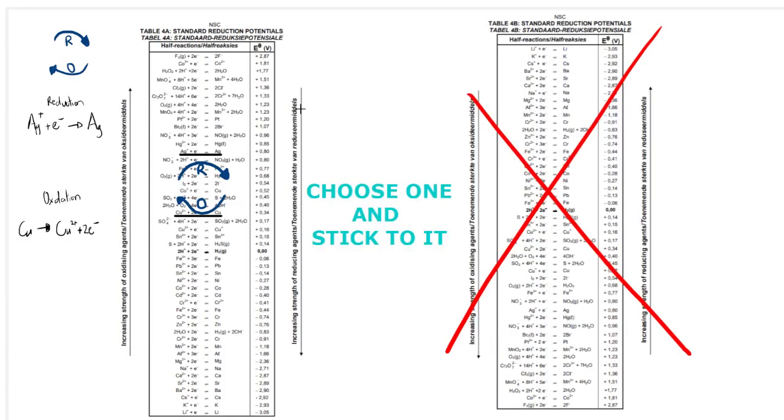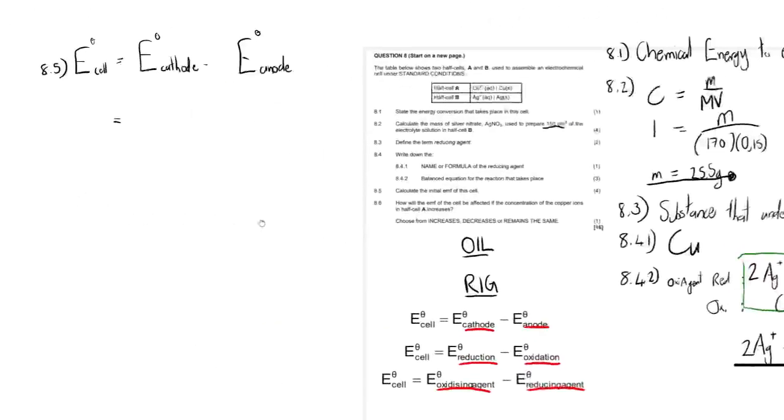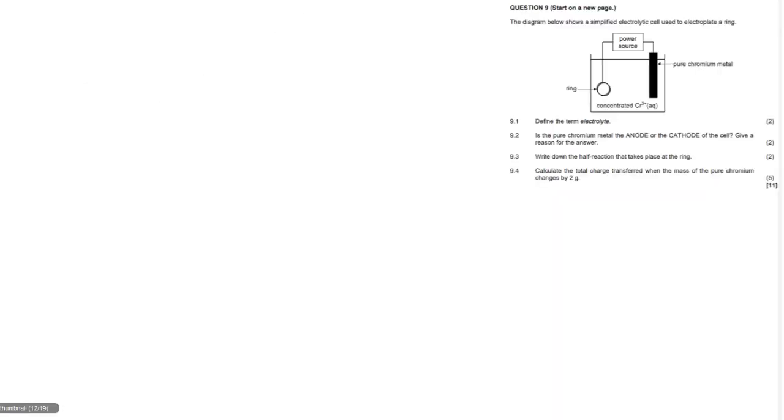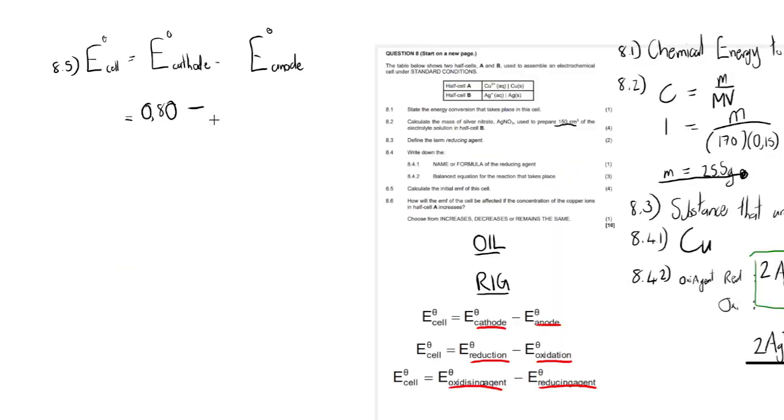The silver's E value there was plus 0,80, and so we will add that in here, plus 0,80, and then we subtract the anode, which was 0,34. All right, and when we do the substitution, we find that this will be 0,46 volts.